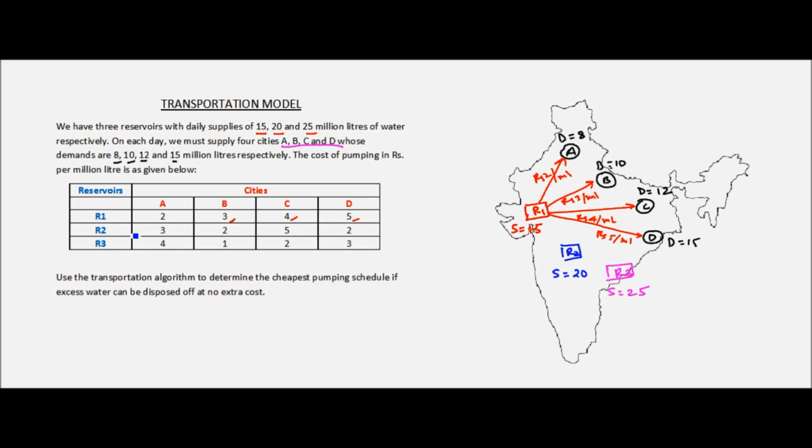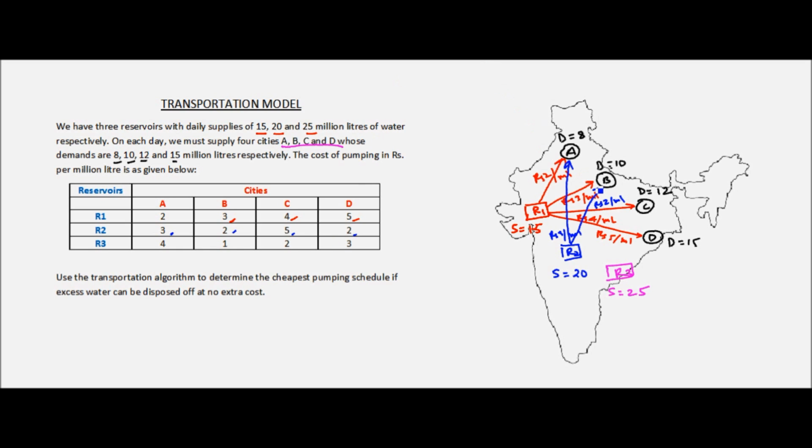Similarly, from R2 to A, the cost is 3 rupees per million liter. From R2 to B, 2 rupees per million liter. From R2 to C, 5 rupees per million liter, and from R2 to D, 2 rupees per million liter. And similarly, we have also been given the cost of pumping from R3 to these 4 cities.